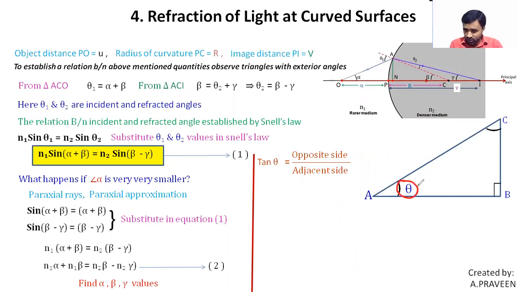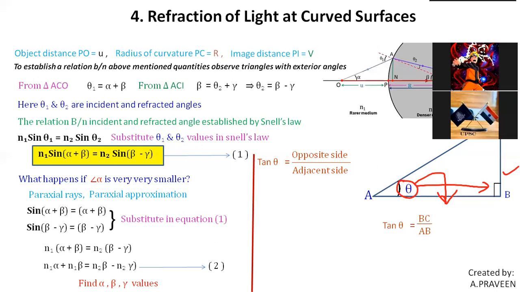So opposite to it is this side, and the adjacent side is this one. So opposite by adjacent. Tan theta equals opposite side BC by adjacent side AB. Is it clear how to take the theta value from the right-angled triangle using the trigonometric ratio tan theta?